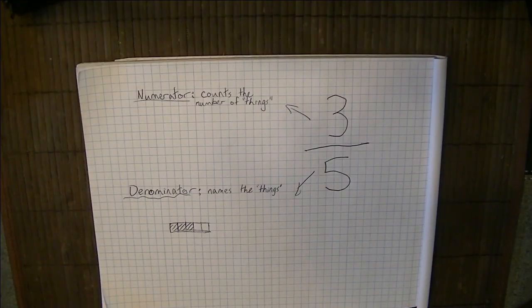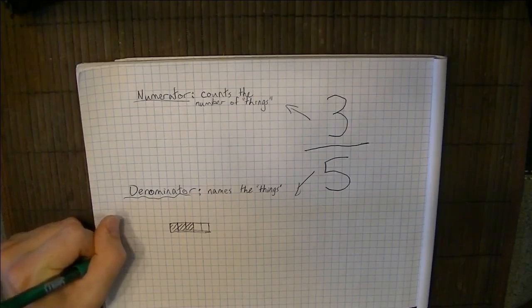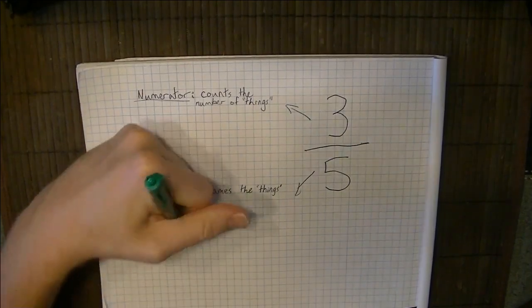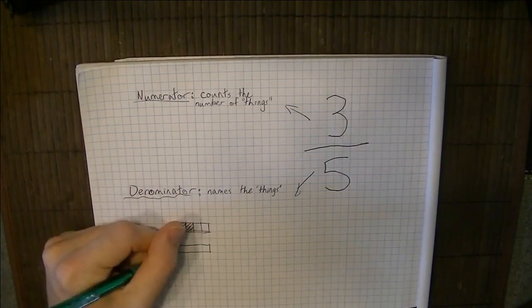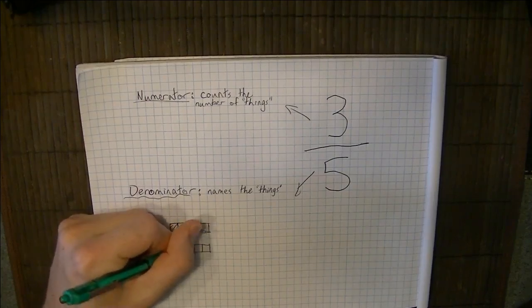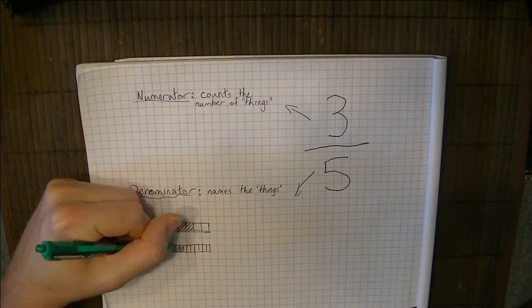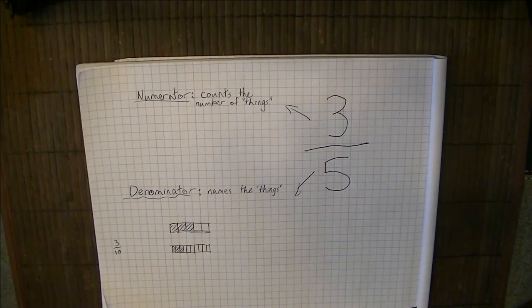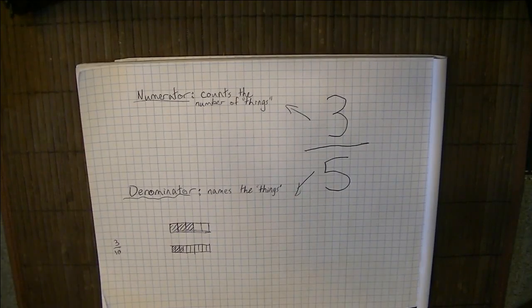So if instead I wanted, say, 3/10, then I would take the object, and instead of dividing it into 5 pieces like I had before, I could subdivide each of those and now just shade in 3 of them, right? That's 3/10, for example. So that's how the numerator and the denominator work.